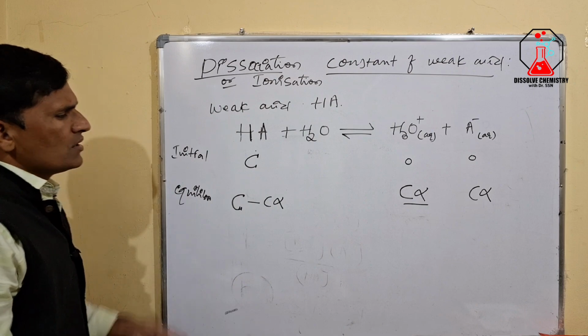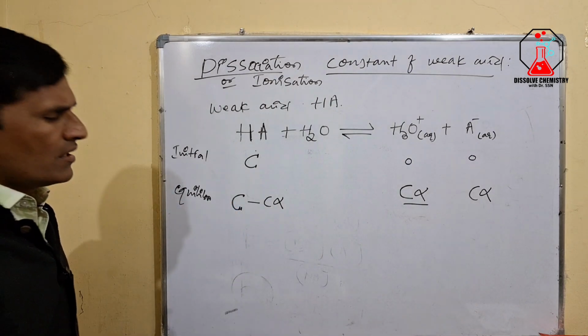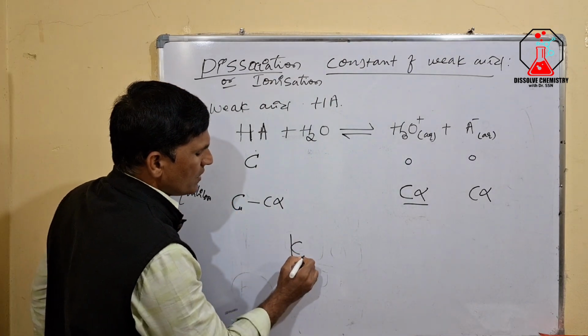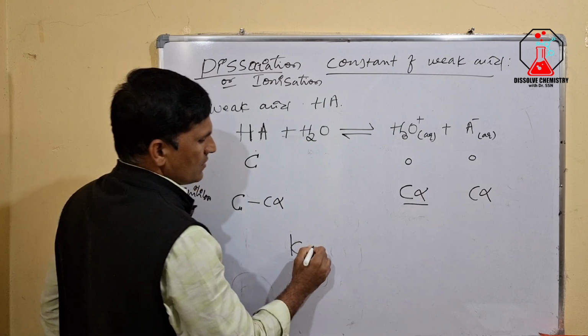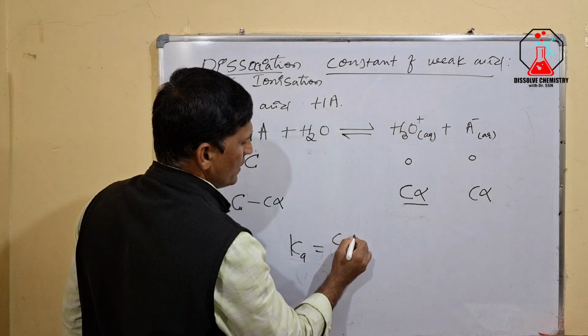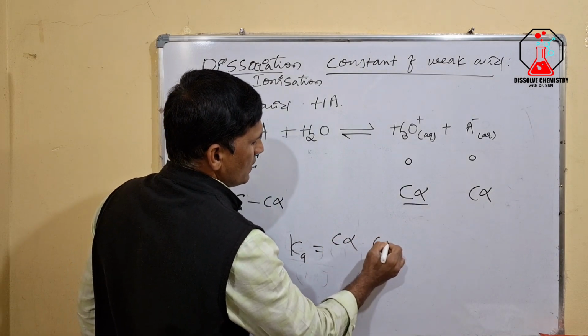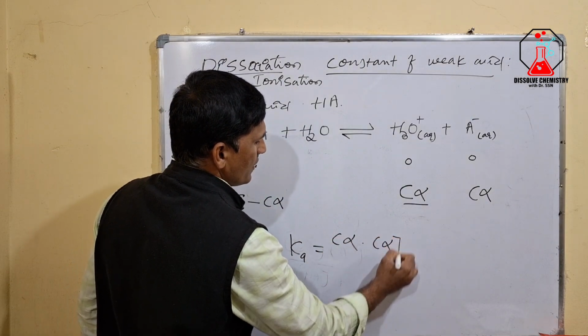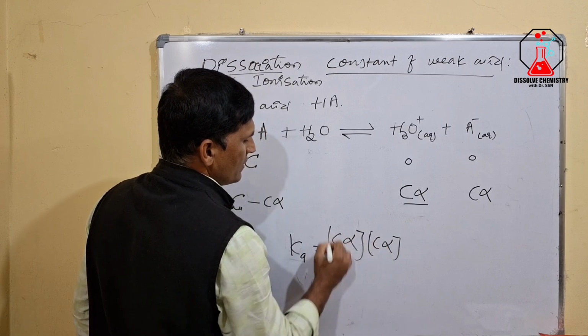Now substitute these values in Ka, the dissociation constant of the acid. Why have we taken this?